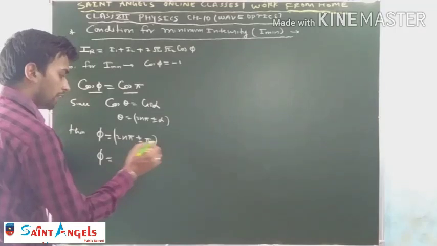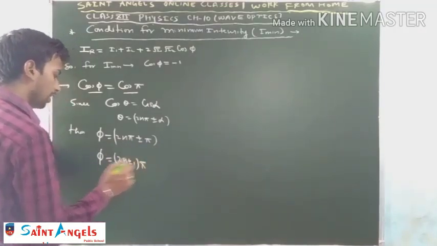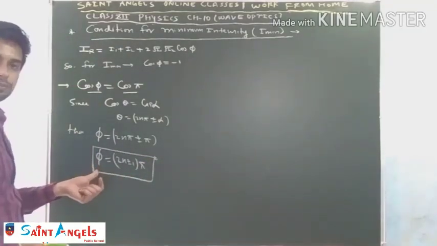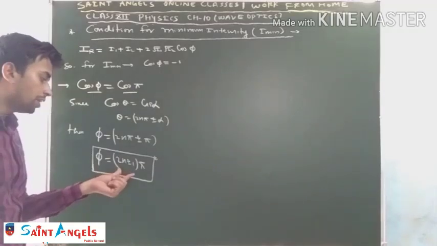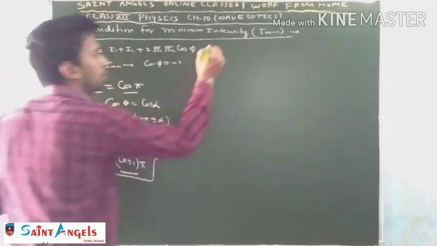Here taking pi common, 2n plus minus 1 into pi. So for minimum intensity, the phase difference between two waves must be equal to an odd multiple of pi.